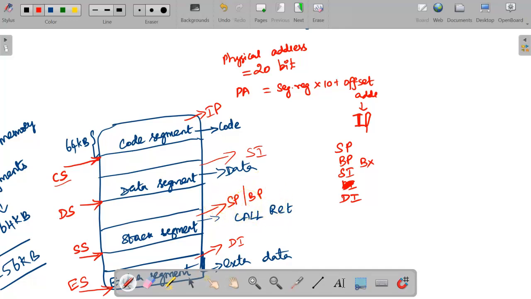So IP means instruction pointer, which will point to the offset address of the next instruction to be executed. Currently one instruction is being executed by the 8086, and the next instruction's offset address will be carried by the instruction pointer.